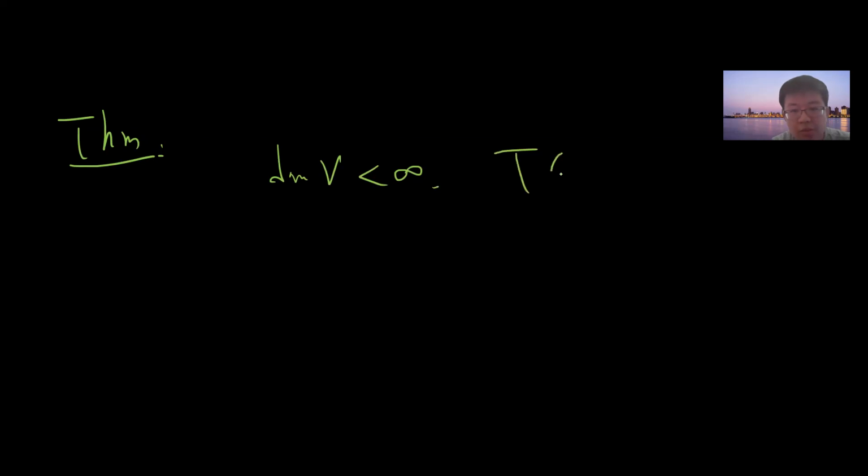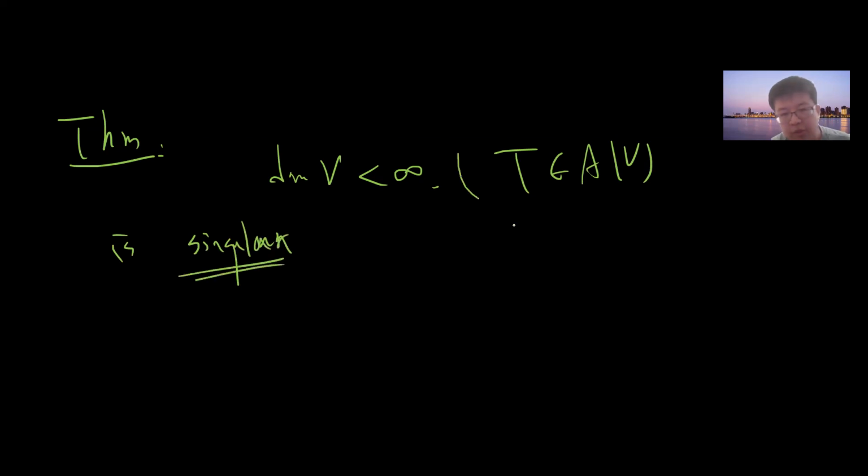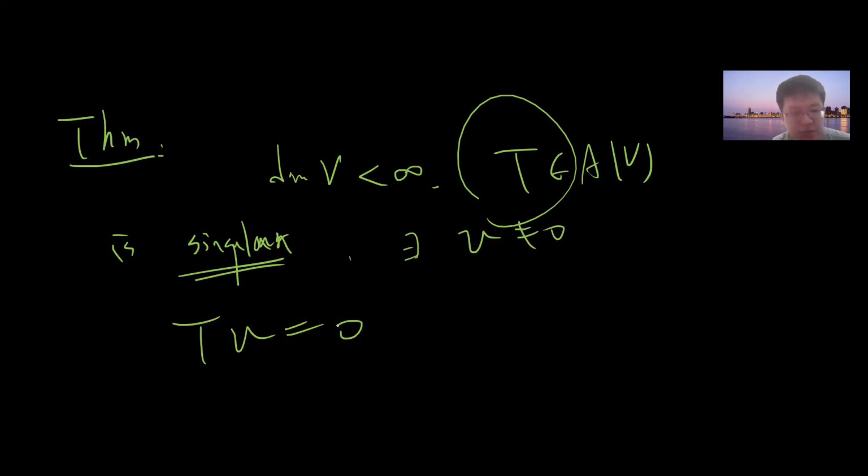Okay, so the final theorem. The dimension is finite, and T belonging to A(V) is singular. Up to now you can think of T as a singular matrix, basically the matrix with determinant 0. Singular means that you can find a non-trivial vector such that Tv is 0.